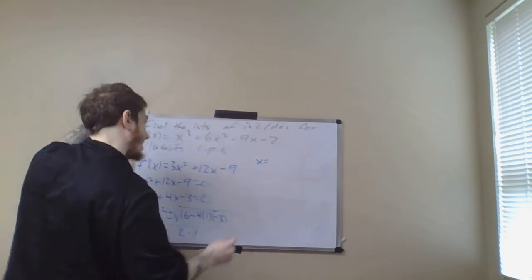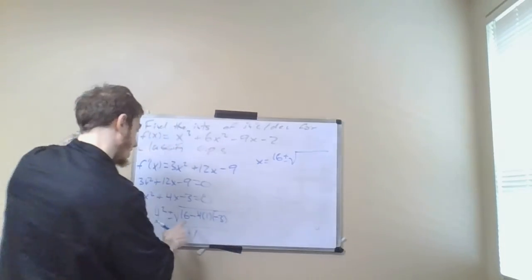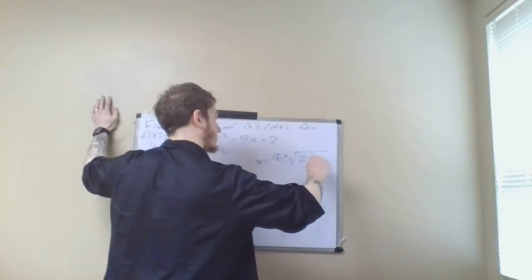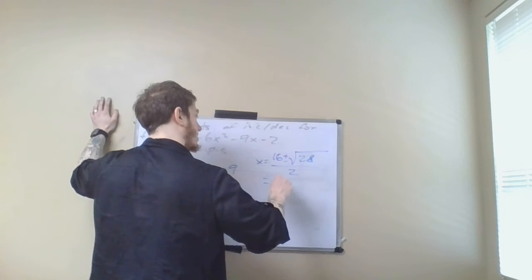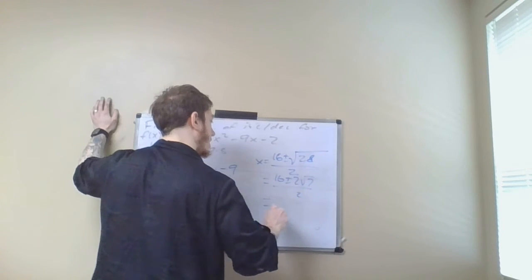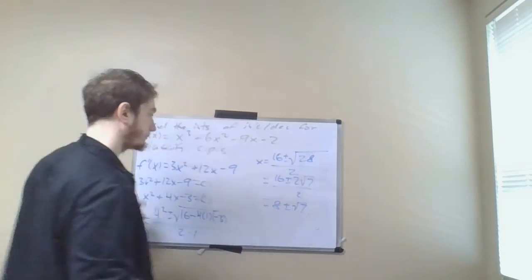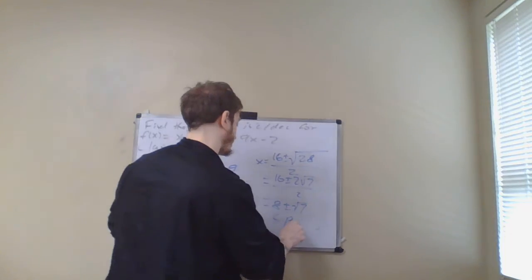So that gives me x is equal to negative 4 plus or minus the square root of 16 plus 12 is 28, divided by 2. This becomes negative 4 plus or minus 2 square root 7 divided by 2, which is negative 2 plus or minus the square root of 7. So there's my critical points.